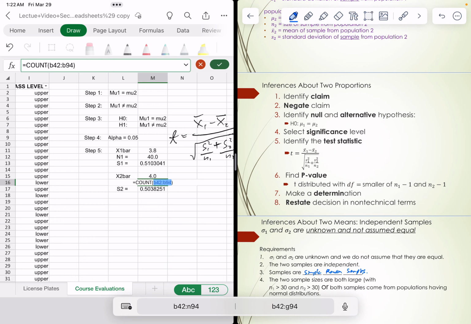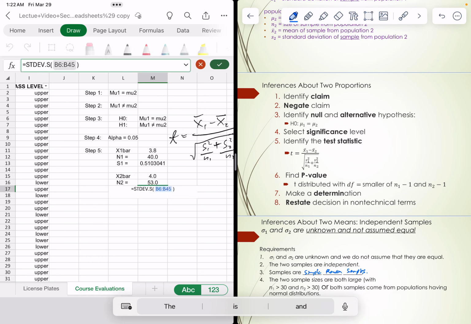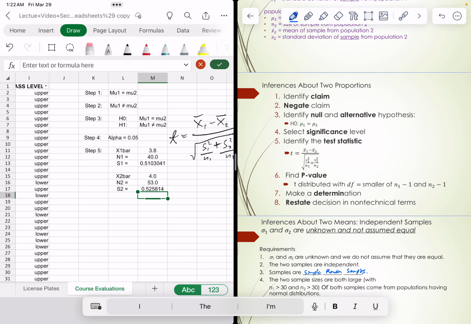Command C. Enter 53. Okay, and there we go. All right, so there's that, what I need.